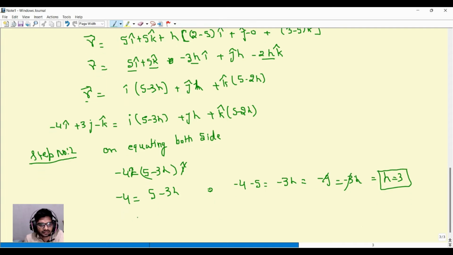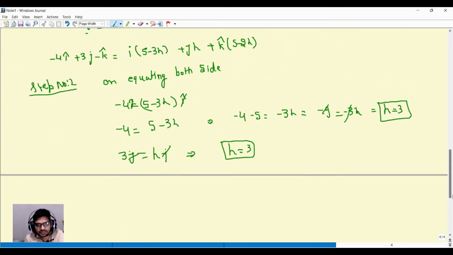On equating the terms of j, 3j equals lambda j, so lambda equals 3.